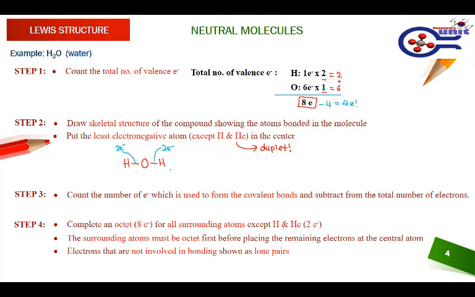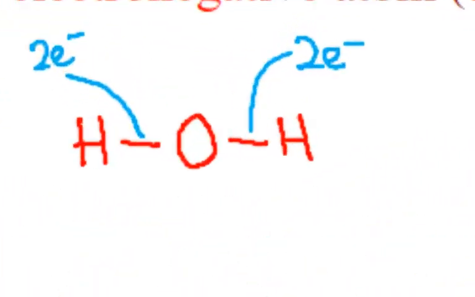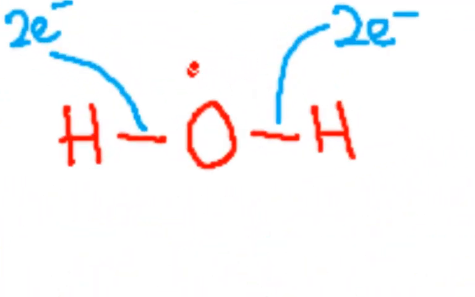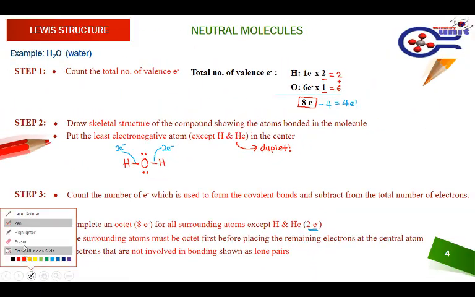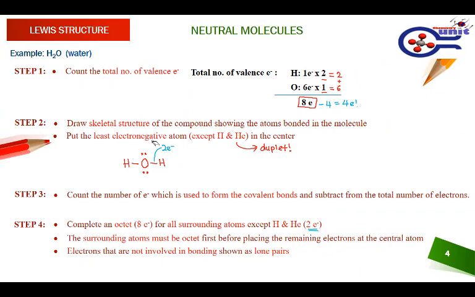Hydrogen and helium can only have a maximum of 2 electrons around them. Since hydrogen already has 2 electrons, the remaining 4 electrons will be put around the O atom in pairs, like this. So, that's it. This is the Lewis structure of the water molecule. Easy, right?